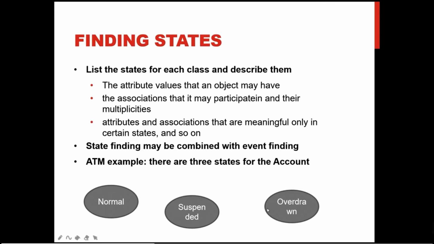The normal and overdrawn states may be determined by the balance attribute of the account. It means that different balance values mean different states. Maybe for normal, the balance is larger than 0, and for overdrawn, the balance is smaller than 0.